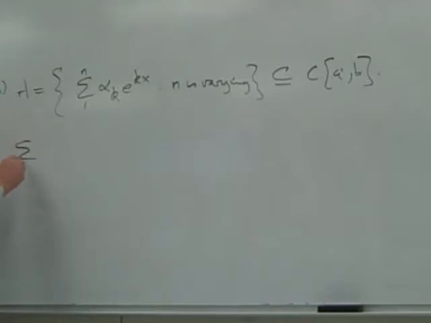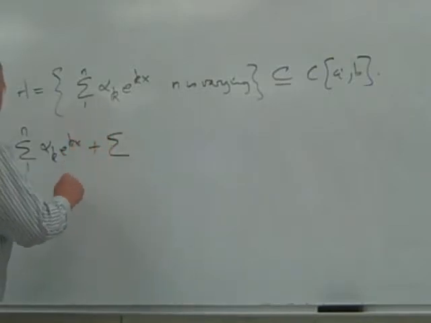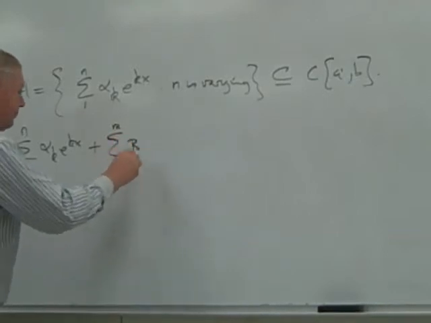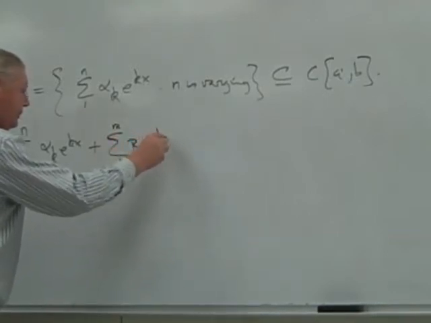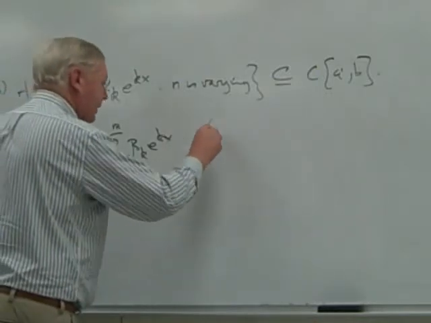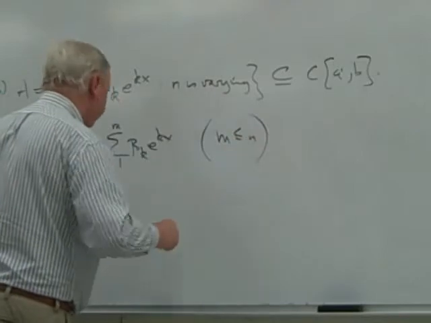So the sum from 1 to n, alpha k e to the kx, plus the sum from 1 to m, beta sub k e to the kx. Well, one of these numbers, m or n, is the smaller of the two. So let's say m is less than or equal to n.